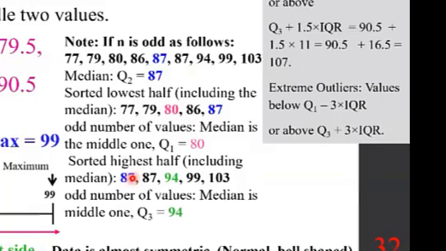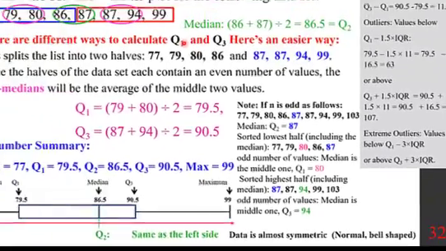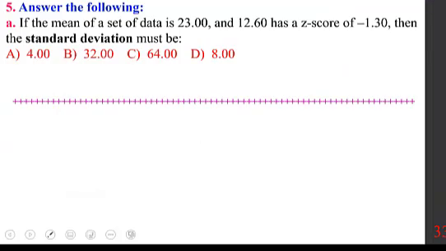If we keep it with the top half, then Q sub 3 becomes 94. There are some cases and some statisticians who drop this, but this is the main one when the data is odd versus even.